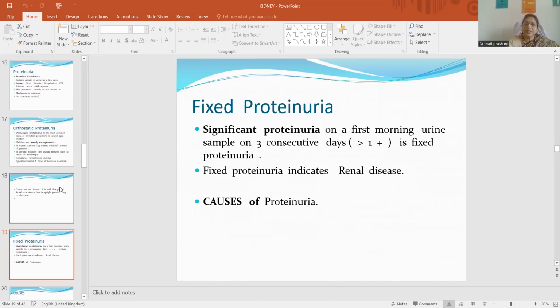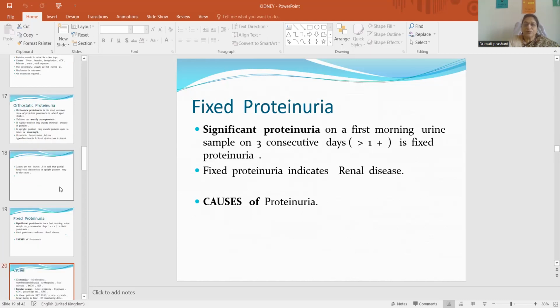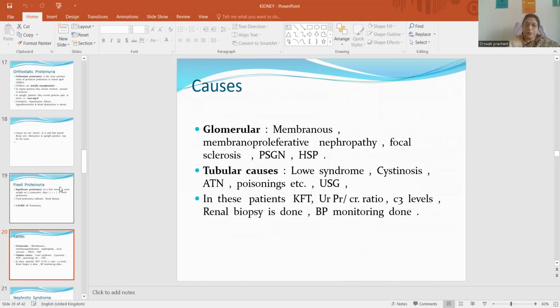Fixed proteinuria: significant proteinuria on a first morning urine sample for 3 consecutive days, that is more than 1 plus of proteins in urine, is called fixed proteinuria. Fixed proteinuria indicates renal disease. Causes of proteinuria: glomerular causes are membranous glomerulopathy and membranoproliferative glomerulopathy, meaning the glomerular basement membrane is affected.